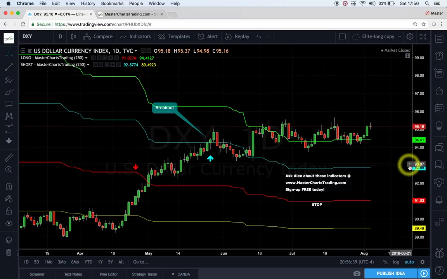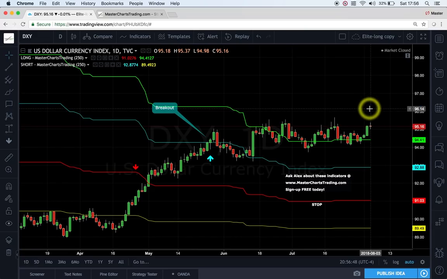Short term, again, maybe we see a pullback to like 93 or so, 92.5, and then a push higher. So overall, forex action seems to be favoring dollar bulls.